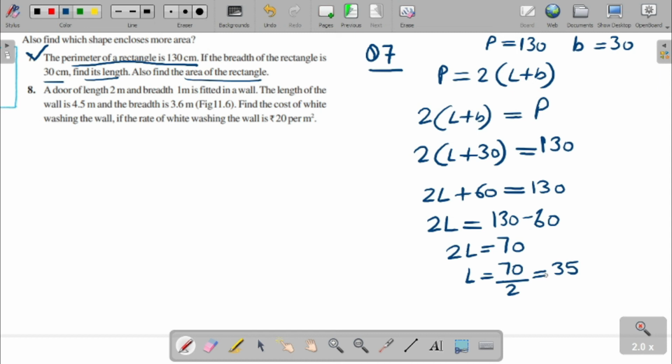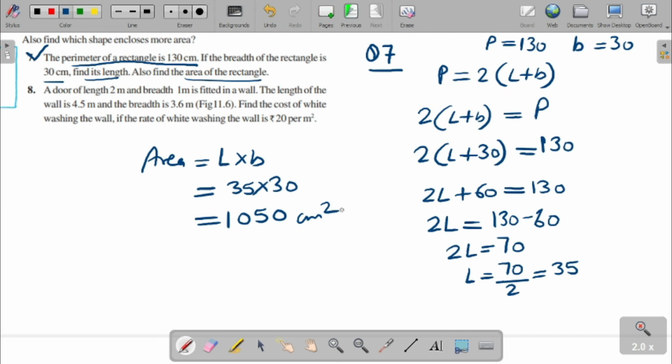This is the first part. In the second part, we have calculated the length and now we have to calculate the area. Area is equal to L into B. Here length is 35 and breadth is 30. So it will come 1050. This is the area, in centimeter square.